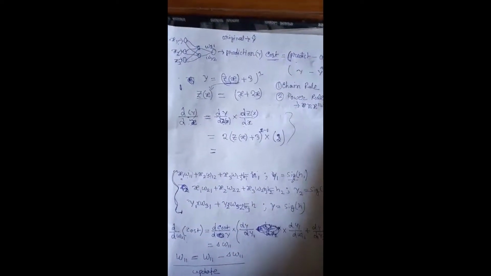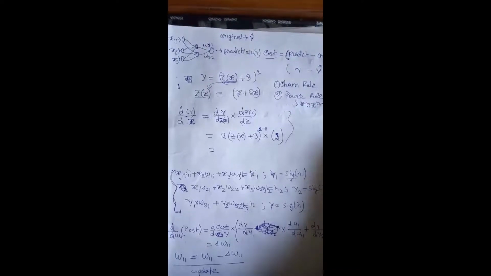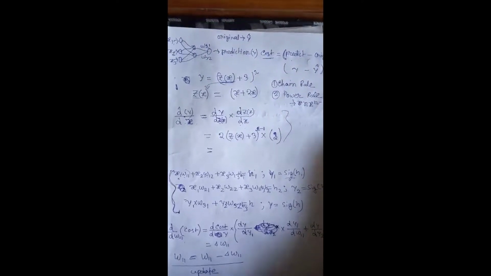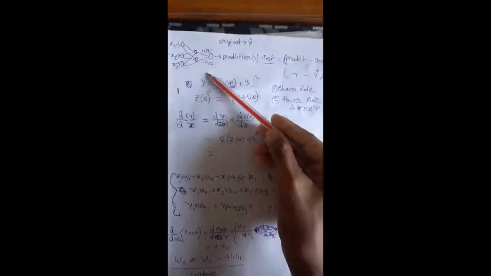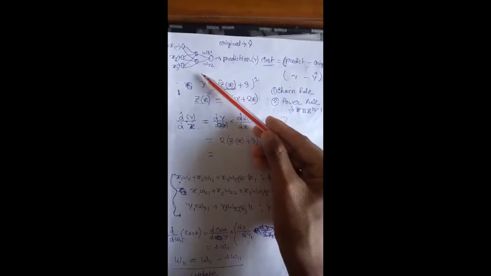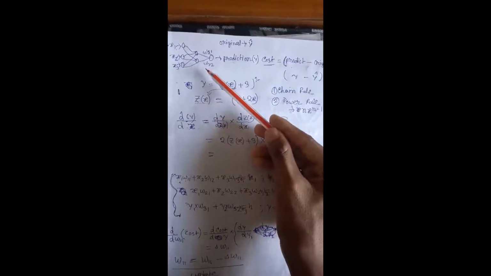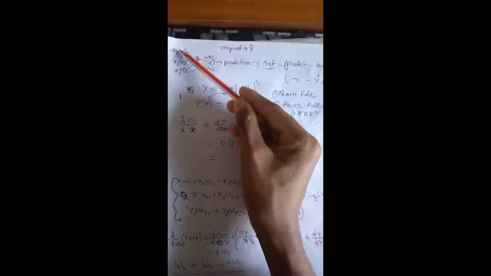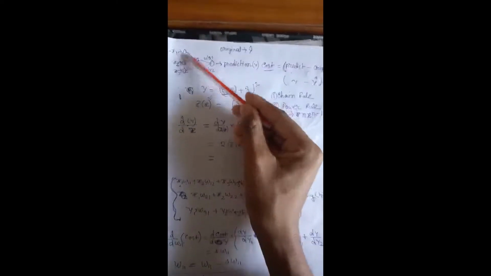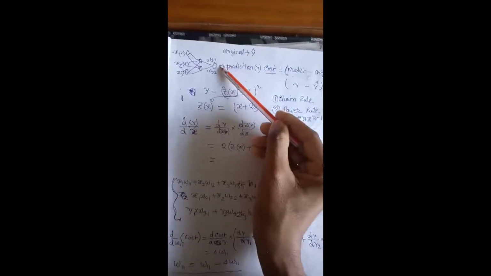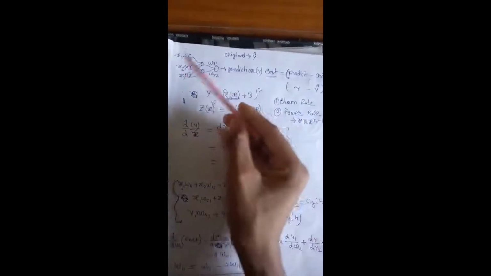In the previous video we saw what a neural network is, what the feed forward method is, and how you can forward the input to the output and get a prediction.